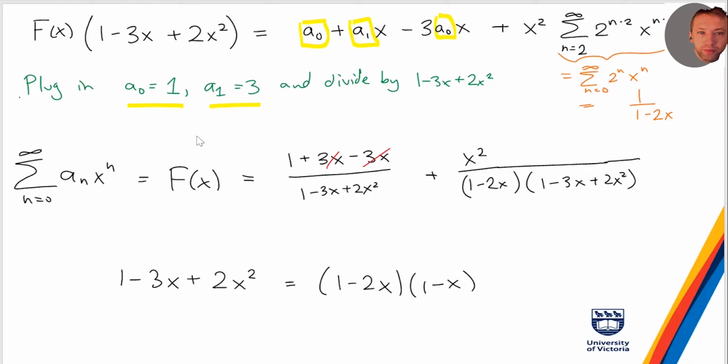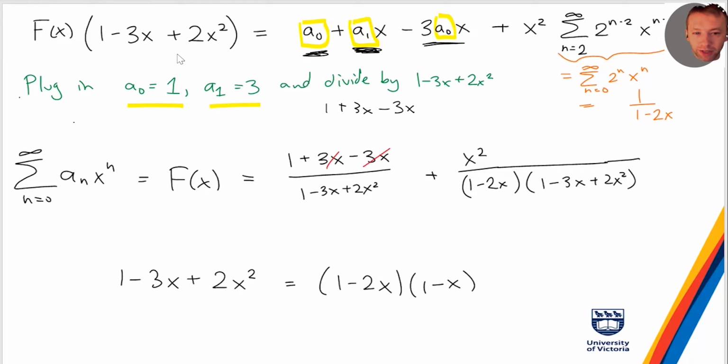So if I plug in 1 here, this should be plus 3x minus 3x. Because if I plug in a0 is 1, I get a 1 here. I plug in a1 is 3, I get 3 here. And I plug in a0 is 1 again, I get 1 there. So the 3x's cancel.